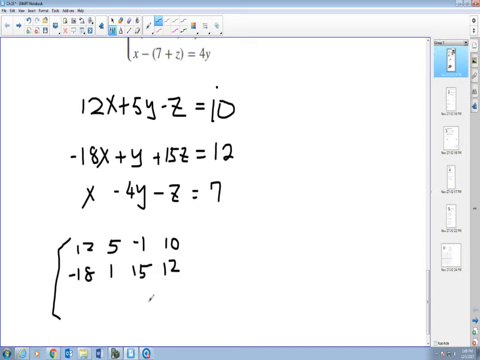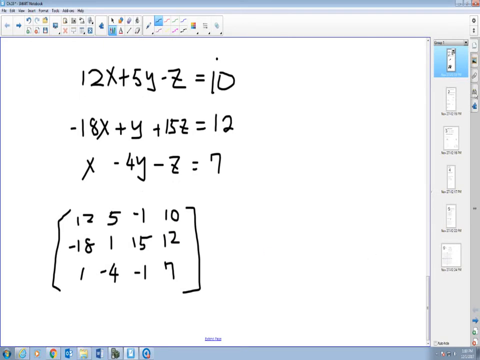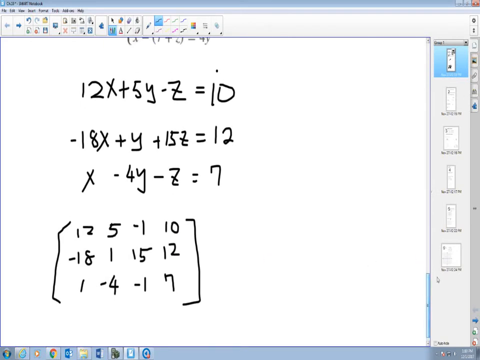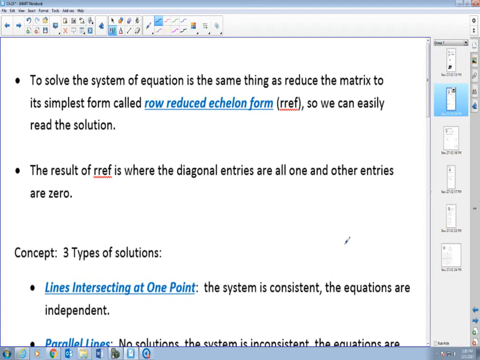Alright, my third row, 1, -4, -1, and 7. Okay, so this is a 3 row by 4 column matrix. When you say augmented matrix, this last column is what's on the other side of the equal sign.